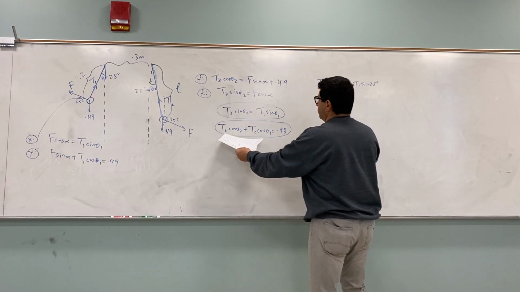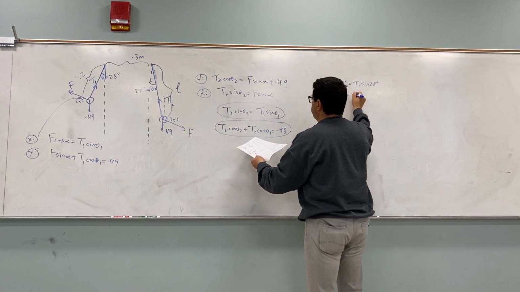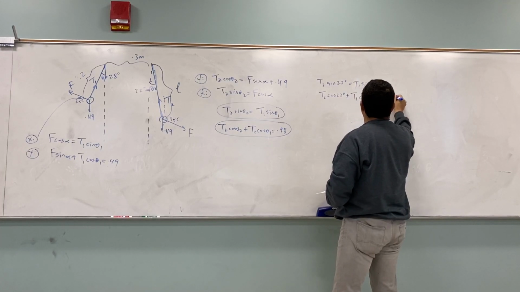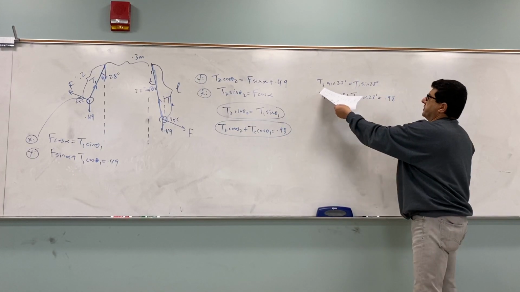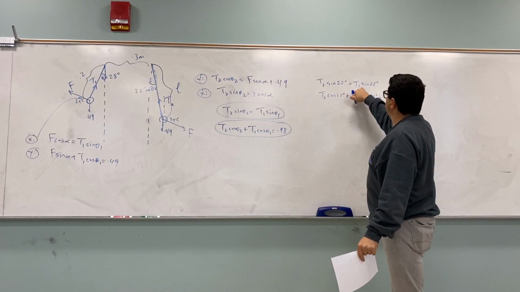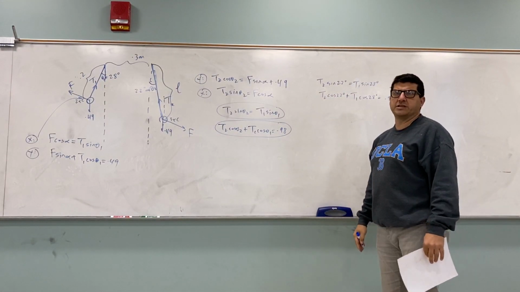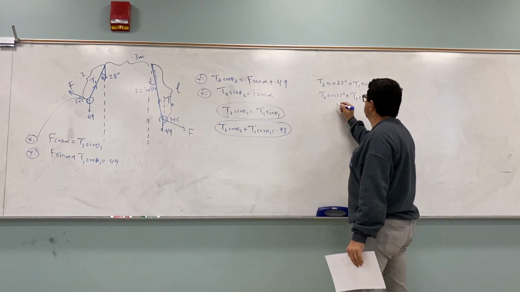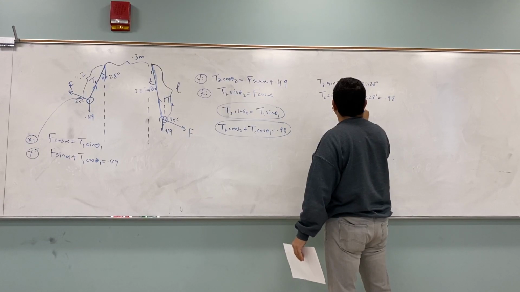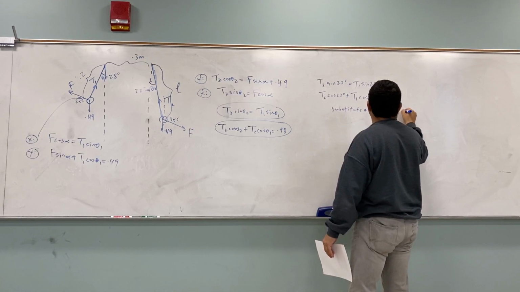And then this one becomes T2 cosine of 22 plus T1 cosine 28 is 0.98. This one you just do a simple substitution, right? So for T2, plug it into here, and then you can solve for T1. So T1 and T2 becomes very easy to solve. So substitute and solve for T1 and T2.